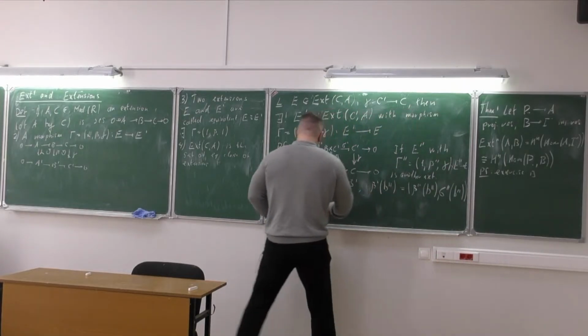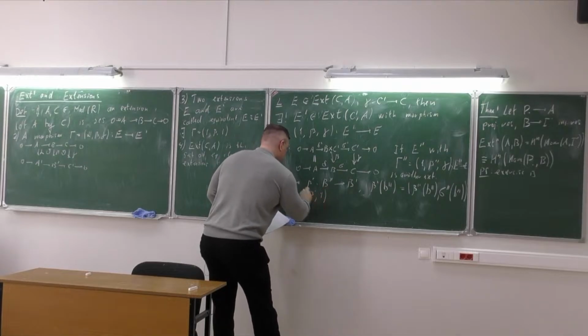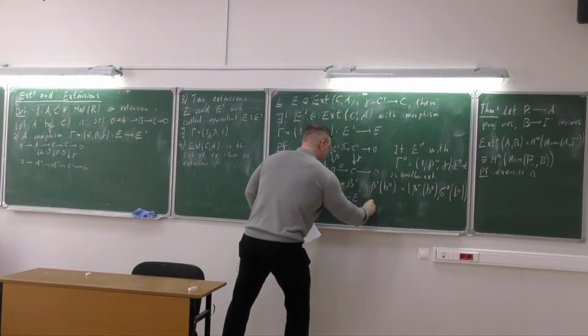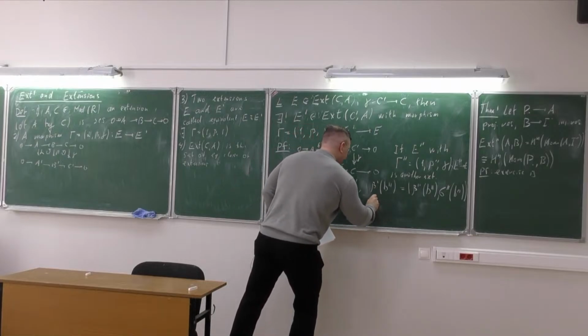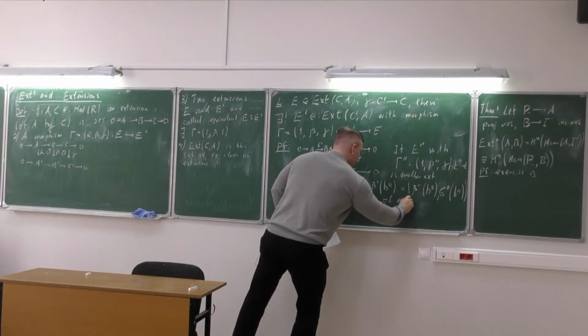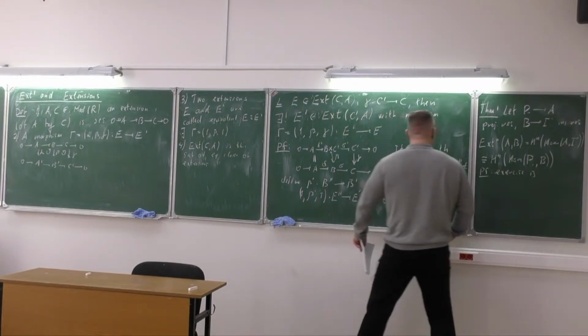So then 1, beta prime, 1 as a map from the E with double primes to the E, that's an equivalence of extensions. And hence, such an extension is unique.